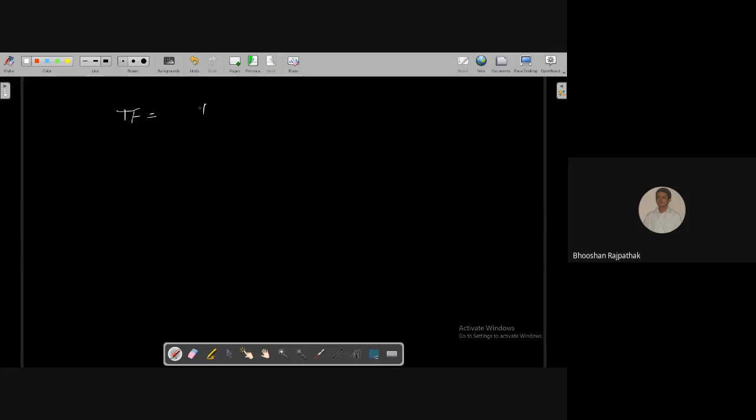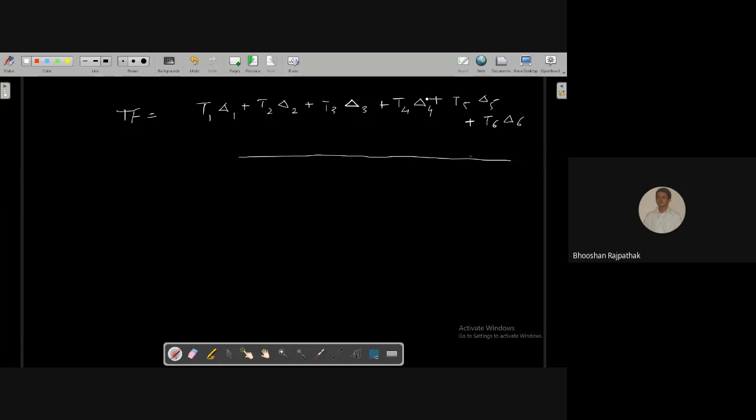So it will be T1 delta 1 plus T2 delta 2 plus T3 delta 3 plus T4 delta 4 plus T5 delta 5 and plus T6 delta 6 and whole divided by delta.